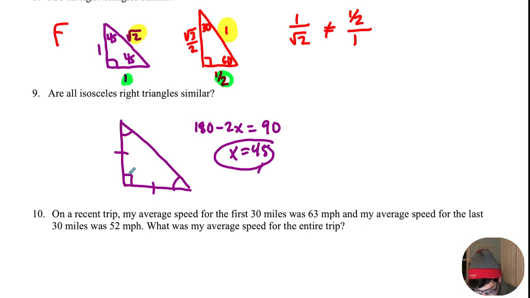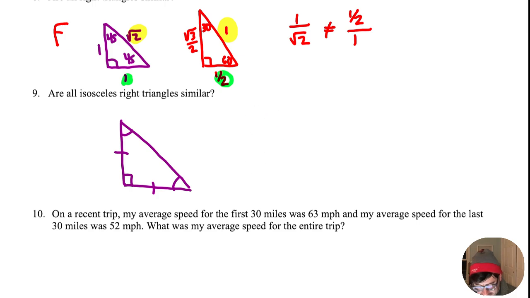Now, in this case right here, if I know that I have an isosceles right triangle, I have two congruent sides and thus two congruent angles across from them. So any isosceles, let's draw another one here. If I draw it bigger, right? The hypotenuse, if I align it correctly, will be parallel to the other one.